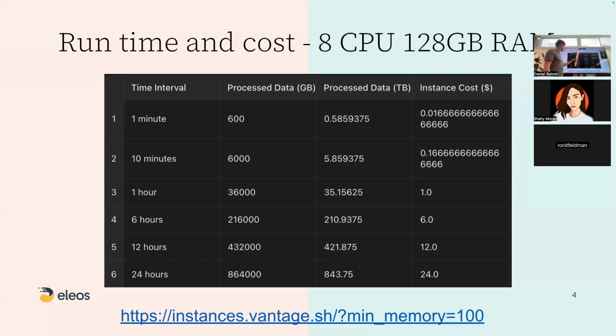And it means that if you run this instance for 24 hours, it costs you $25. We're not talking about S3 usage cost and all the extras, right? Only the actual compute. It costs you $24 to run for 24 hours, and you can process 840 terabytes of data, which is a huge amount of data. We will never have, hopefully, this amount of data.